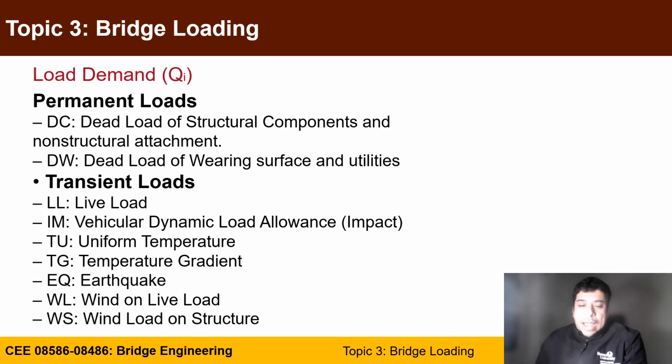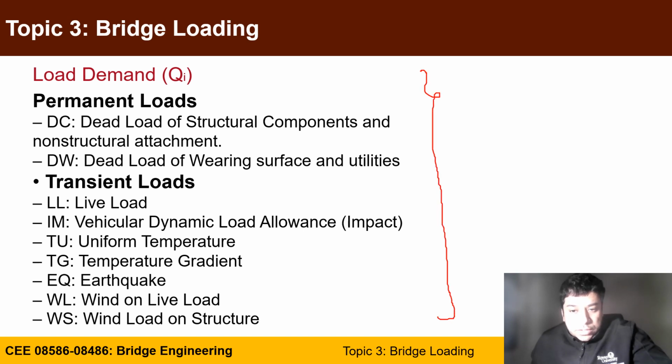So let's go back and focus on what type of loading we will be dealing with in bridge design. We have several types of loadings. The first loading is permanent load. We can group the loading into permanent load, which you always experience on bridges, or transient load.